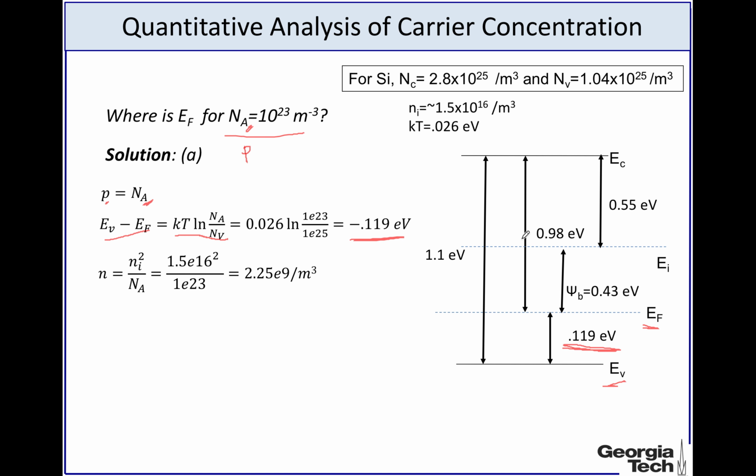Then this Ei means the Fermi level of an intrinsic semiconductor, and this Ef means the Fermi level of this semiconductor. We know that the gap between Ec and Ei is 0.55 eV, and also this much is 0.55 eV. So the gap between Ei and Ef should be 0.55 minus 0.119.